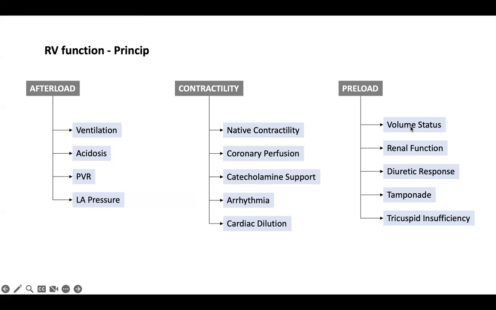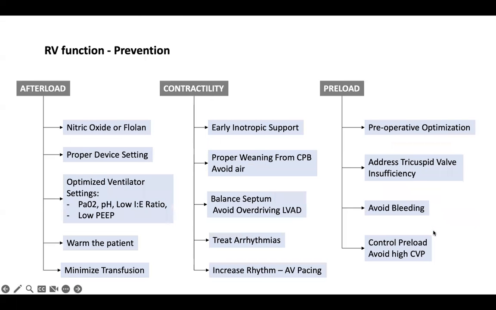And you need to have a patient with euvolemia as much as possible to protect the renal function, and diurese the patient if it's possible. So again, for afterload, you can use nitric oxide or Flolan. You need to optimize the ventilator, warm the patient, and minimize transfusion.